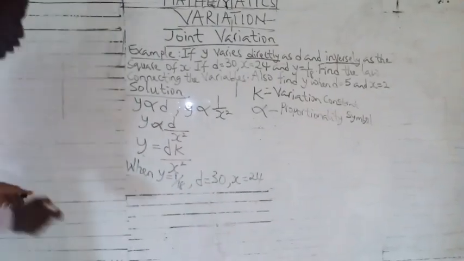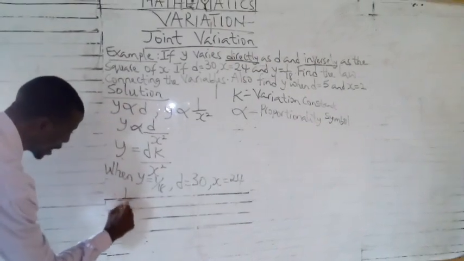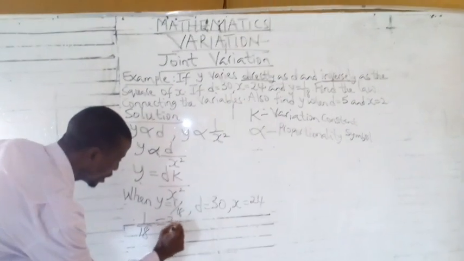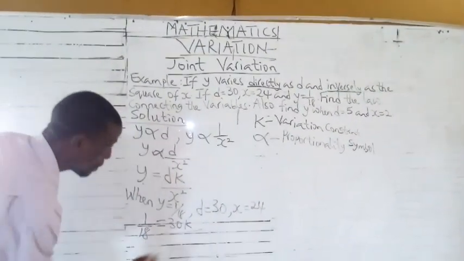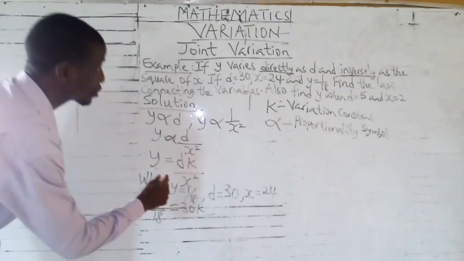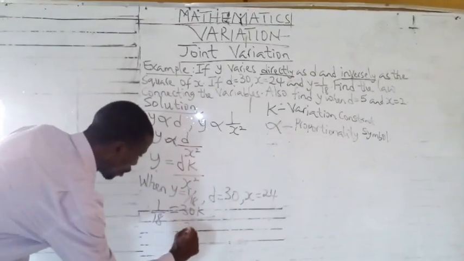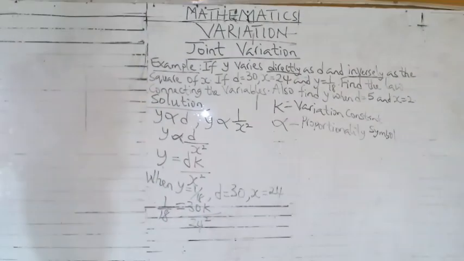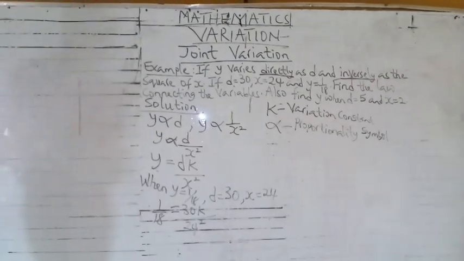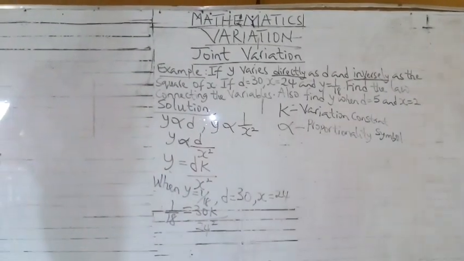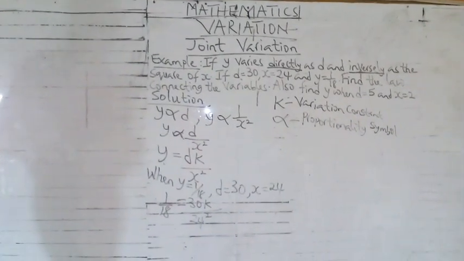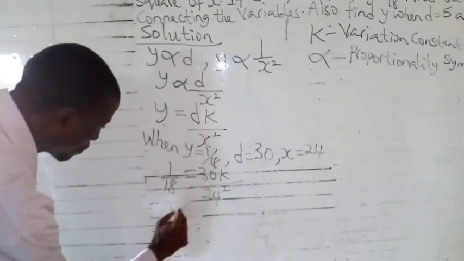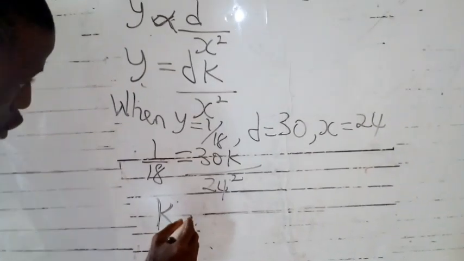Now proceeding, we have 1/18 equals 30k over 24 squared. Now let's cross multiply.